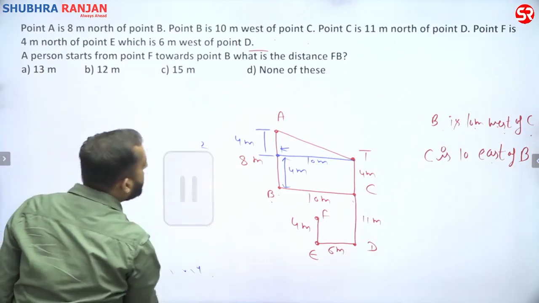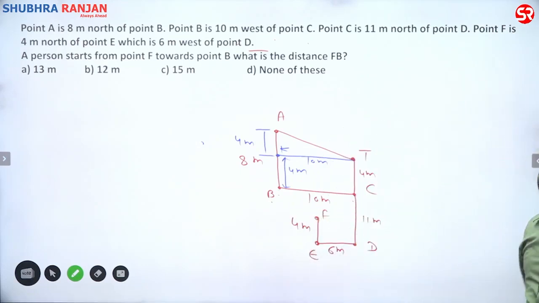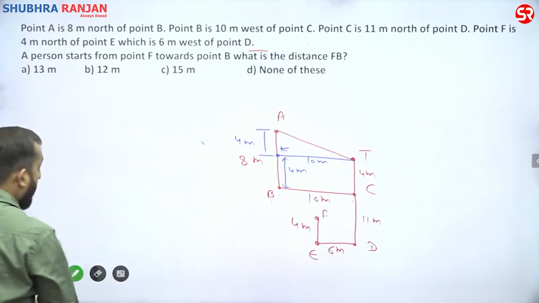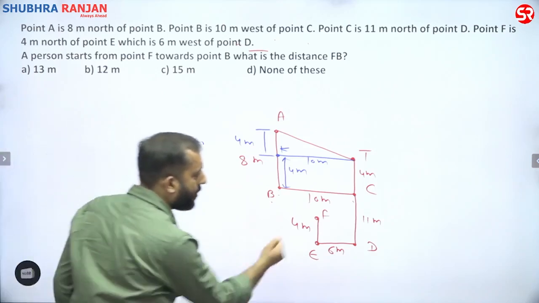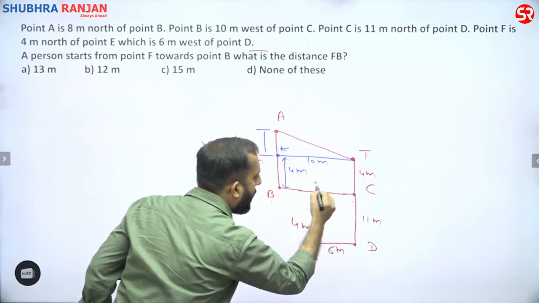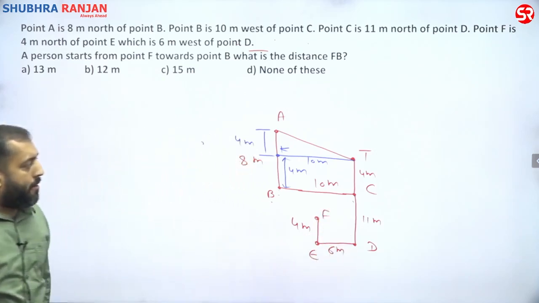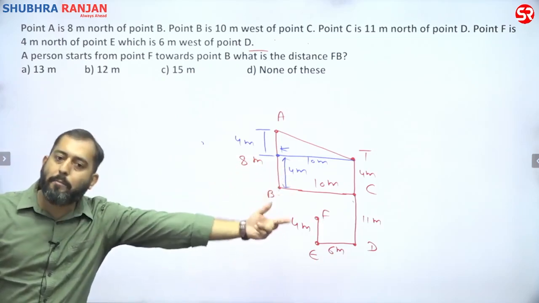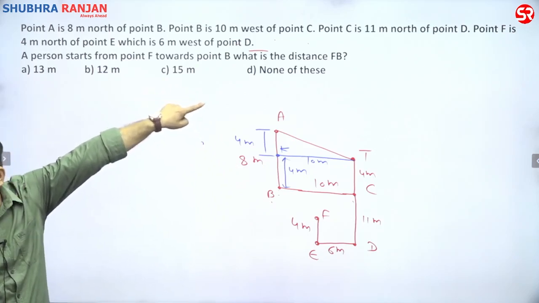Now tell me what is the distance FB. यही डायग्राम वापस बनेगा. See, you have to draw this very same diagram again, but over here we want to find out the distance between F and B now.